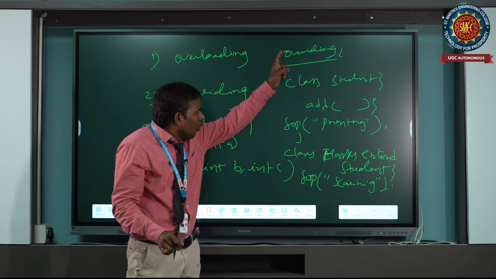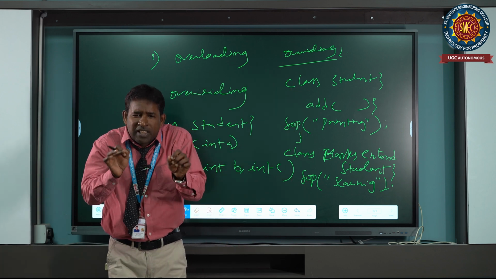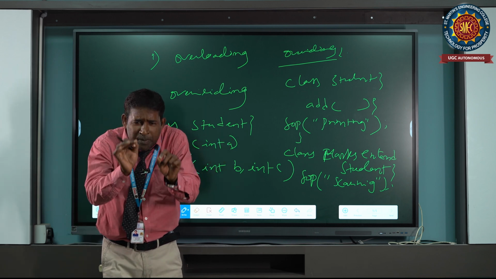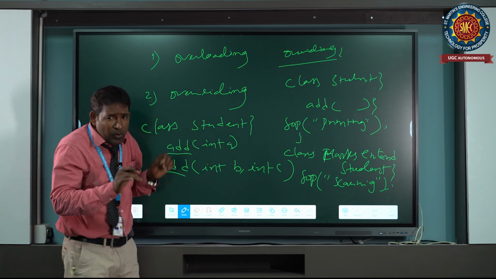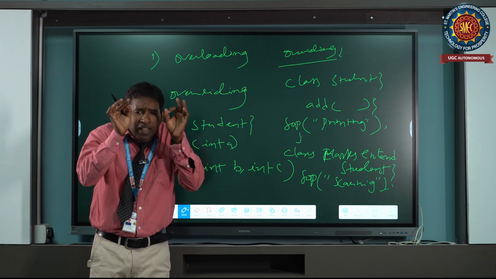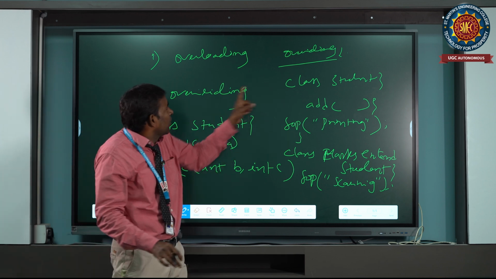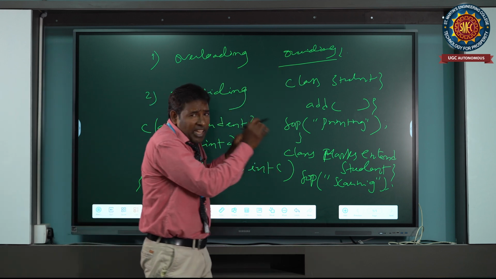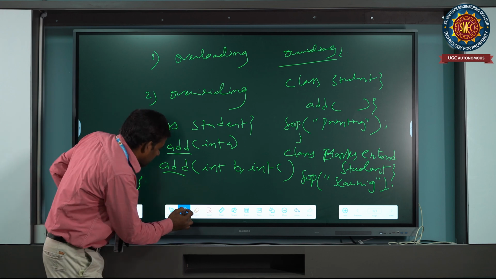This is called overriding. Overriding means change the functionality. How can we achieve this? In the inheritance concept only. But overloading can be achieved in the same class only. This is about overloading and overriding. Overriding is called runtime polymorphism.